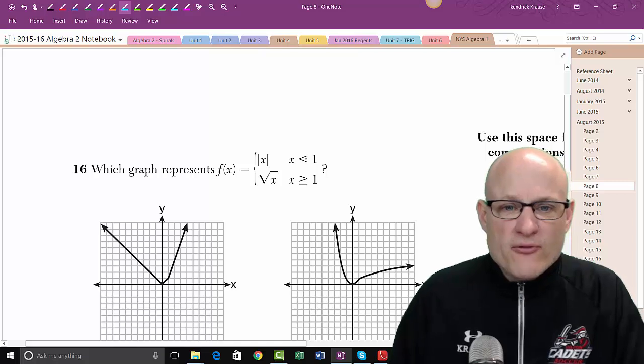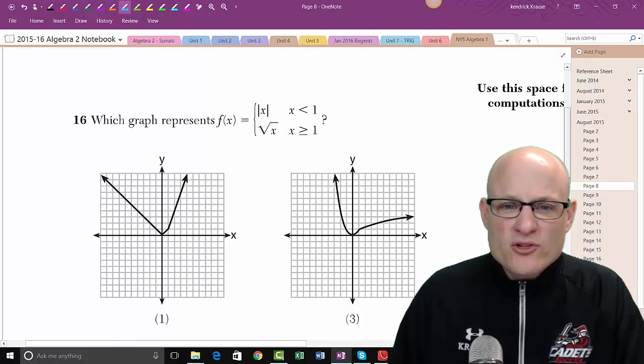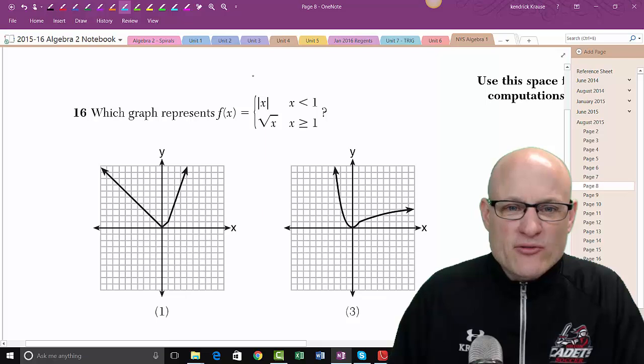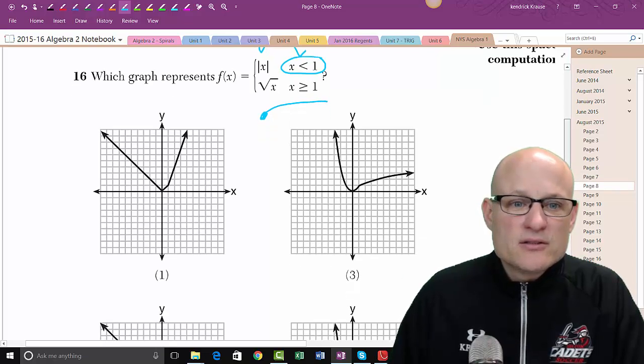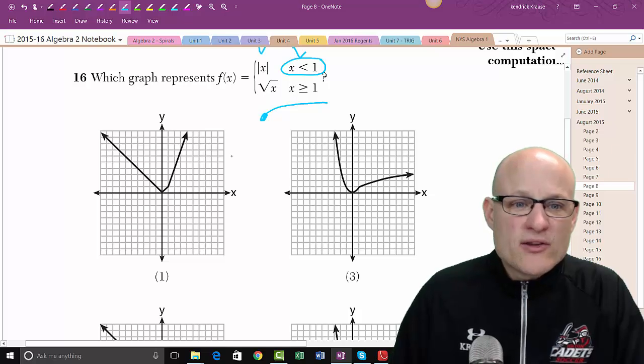So you just got to know what these things look like. An absolute value looks like a v, and a square root function looks like that. So what you're looking for is, from the left, you're looking for a v, until you get to 1. And then as soon as you get to 1, you're looking for something that looks like this. This one has the v going, but it stops at 1, and then it gets a straight line.